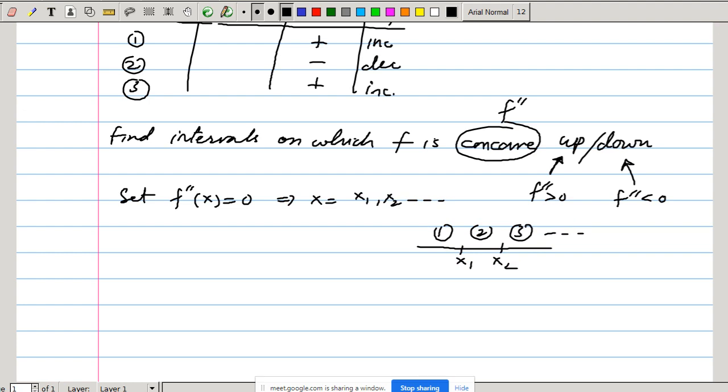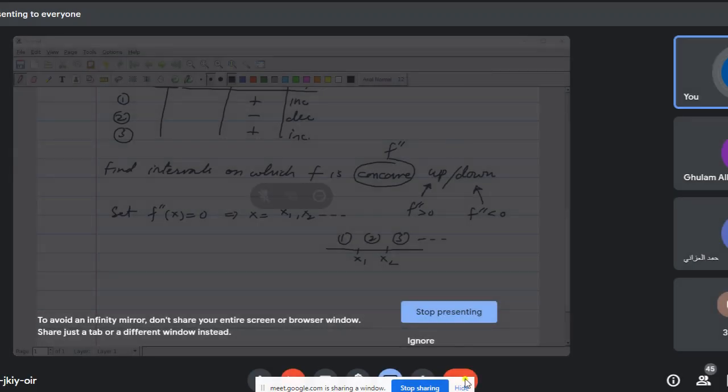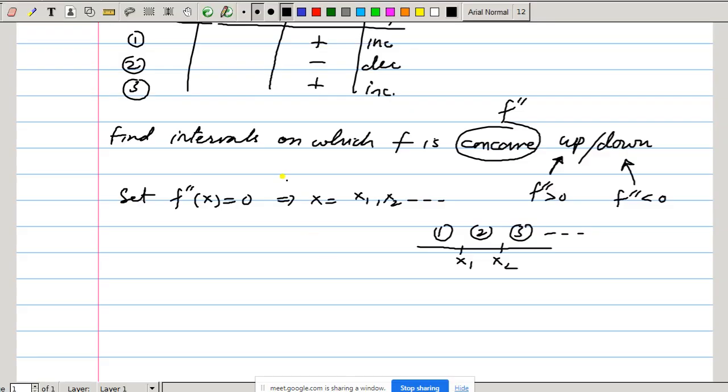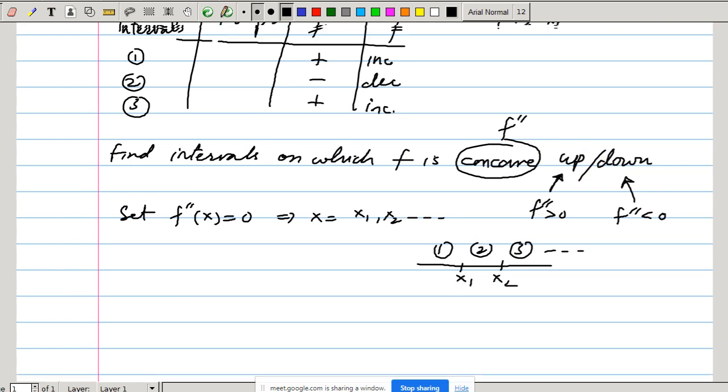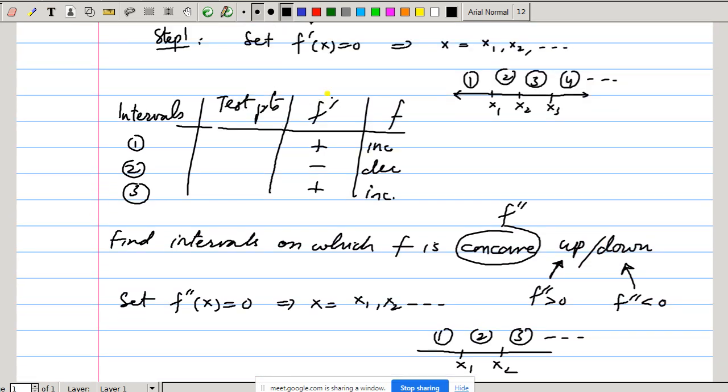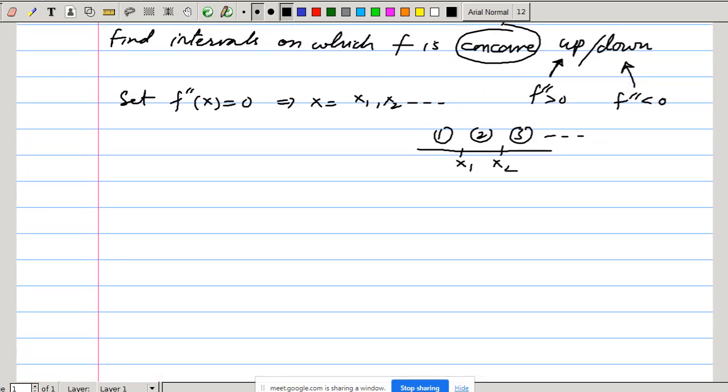I will repeat the same thing which I did with increase and decrease, but I will only replace the third column, which will be replaced by f double prime. All other things will remain the same, and at the end our conclusion will change. So again we will write intervals 1, 2, 3, and so on.